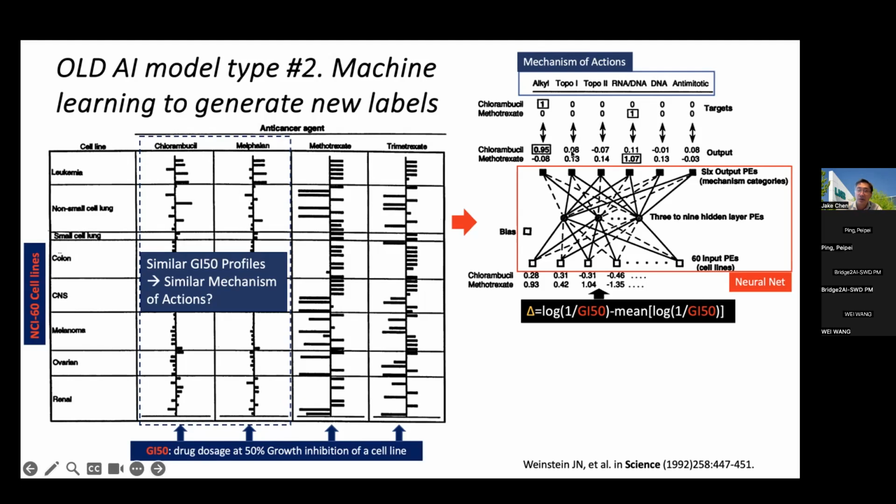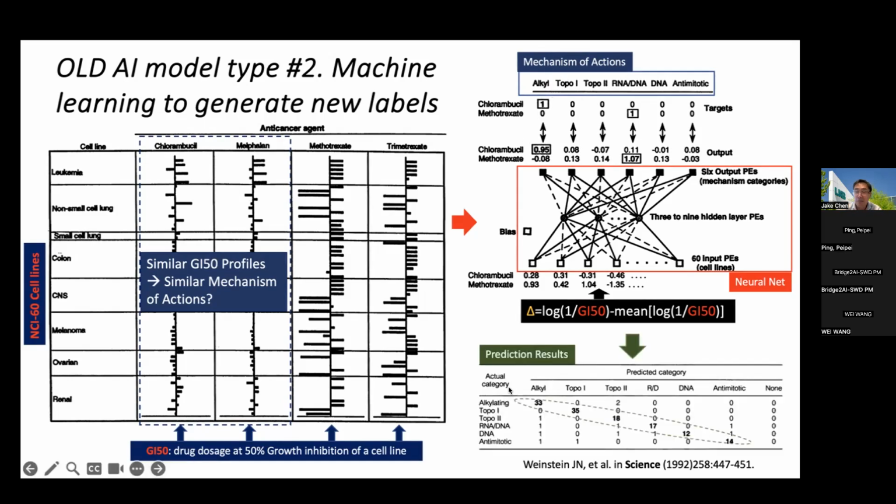They looked at all of these chemicals and trained the artificial neural network, a machine learning method, on the labels of these drugs, the categories of mechanism of action. Some of them are alkylating agents and some of them change topoisomerase activities. After training, they looked at the prediction results for compounds, and in most of the categories they were able to predict very accurately.